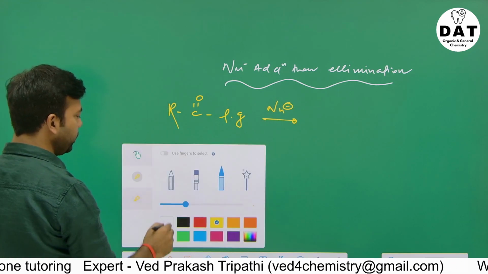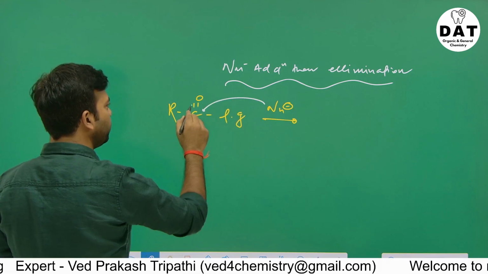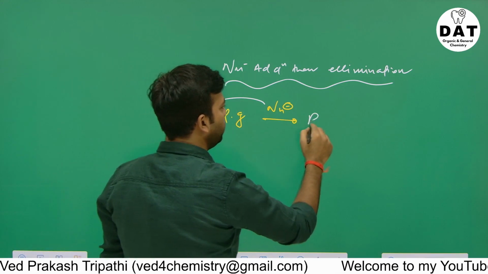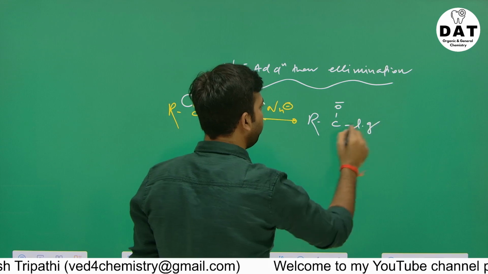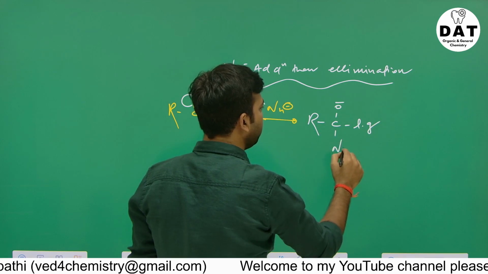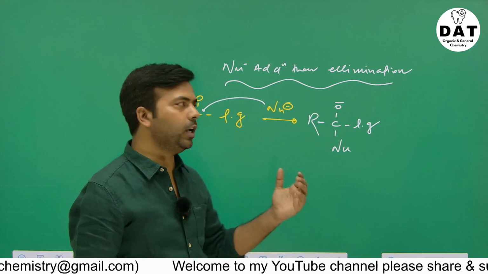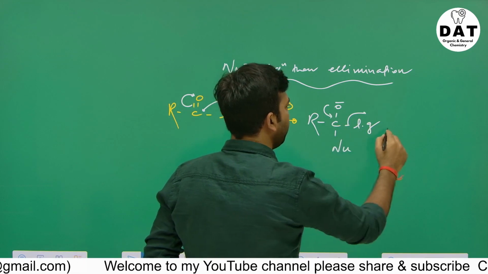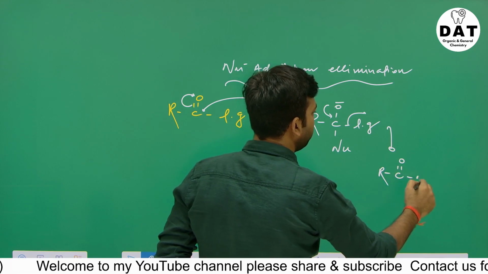So the nucleophile is going to attack the carbonyl carbon because this carbon is electrophilic and this bond is going to break. So overall we have this type of intermediate, O negative, here the leaving group, and here you have a nucleophile. Now O minus will revert the electrons and the leaving group leaves. So we can make this one C=O with Nu.